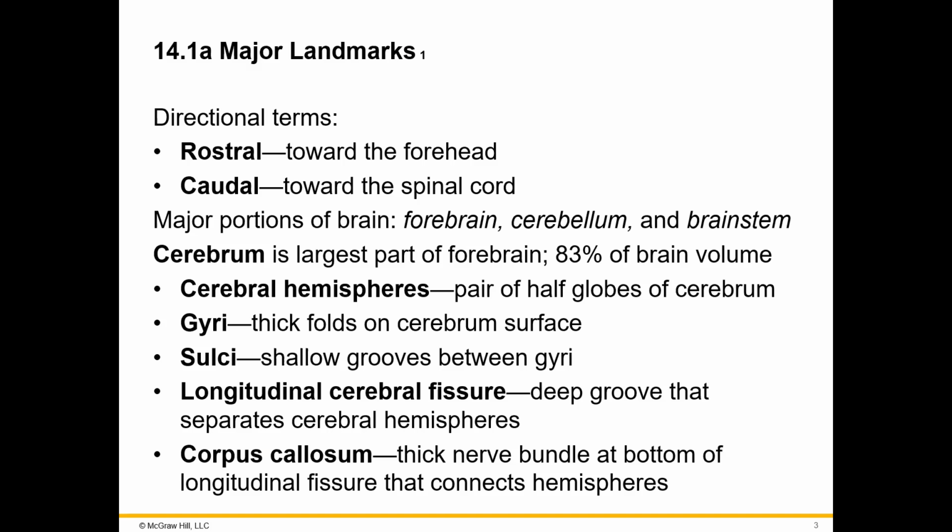We can see our forebrain and the cerebellum, and that is the second largest region. And then you have your brain stem. Who do we say the brain stem is made up of? The brain stem is made up of the midbrain, the pons, and the medulla oblongata.